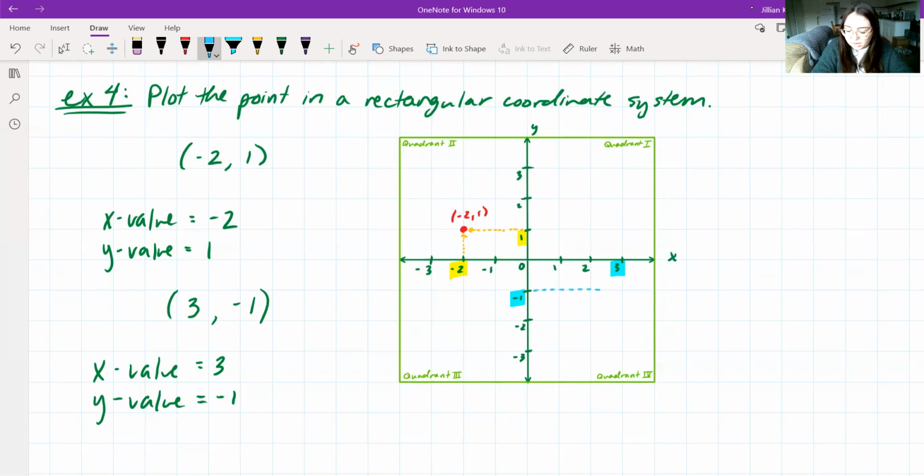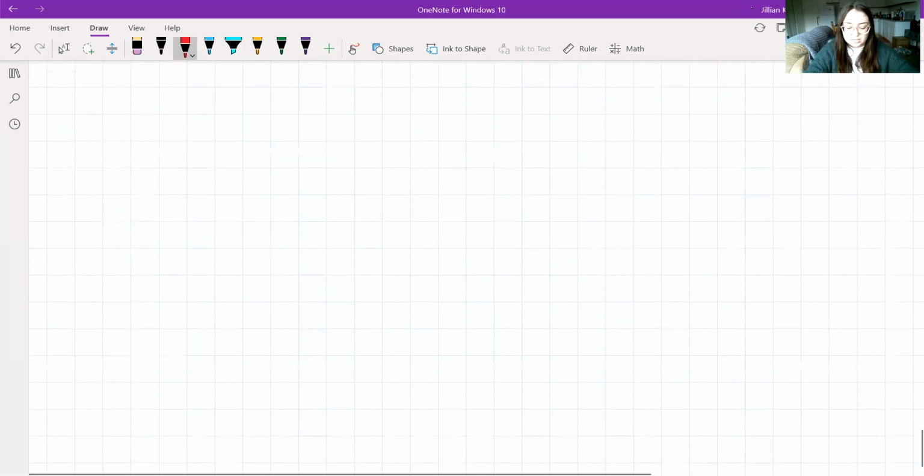So we draw our line, and we reach +3. Once we were at our x value, we track down to our point here, which leads us to our coordinate of 3, -1. So that is how we would go ahead and plot points on a rectangular coordinate system.